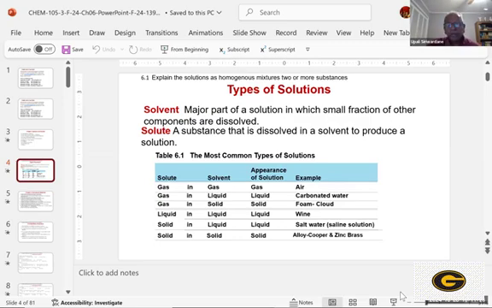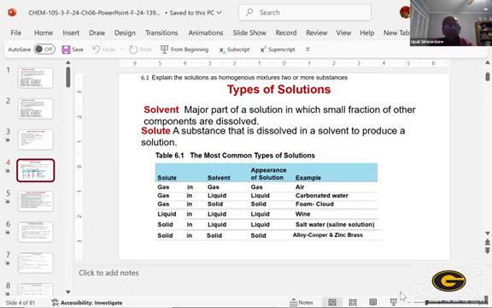Solution has two components, because it's a mixture. Solvent is the major component. If you mix up two components, one becomes major, which is present in large amount. Solute is the component that is present in lower concentration.